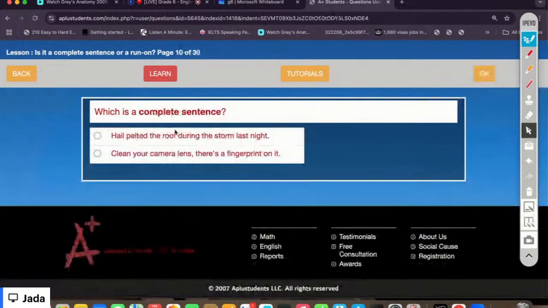All right, so which is a complete sentence? Hail pelted the roof during the storm last night. Clean your camera lens. There's a fingerprint on it. So what's the complete sentence here?